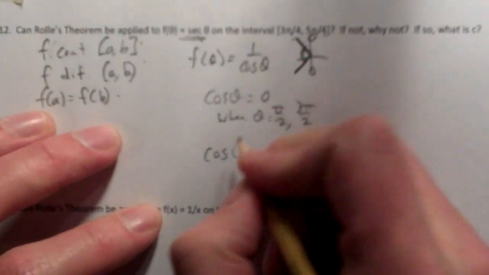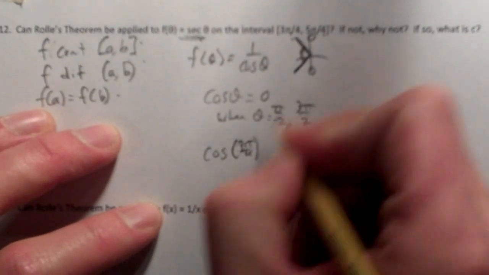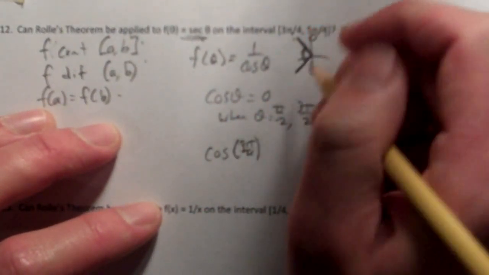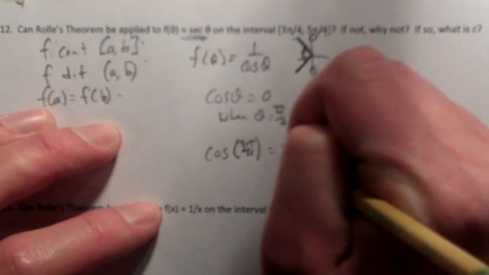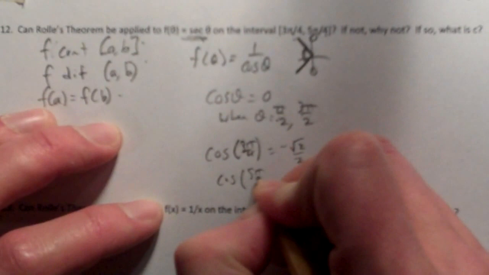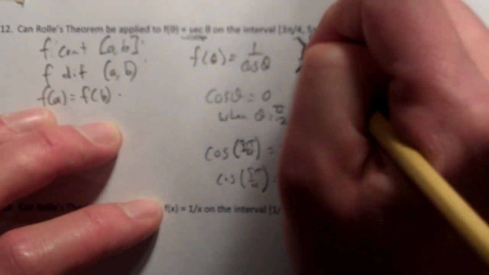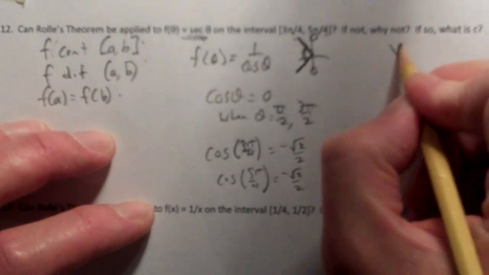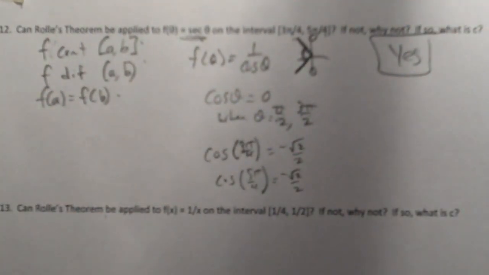Well, cosine of 3 pi over 4, that's in the second quadrant, that would give you a negative square root 2 over 2. And cosine at 5 pi over 4 would give you also a negative square root 2 over 2. So yes, the answer is yes, we can apply Rolle's theorem.